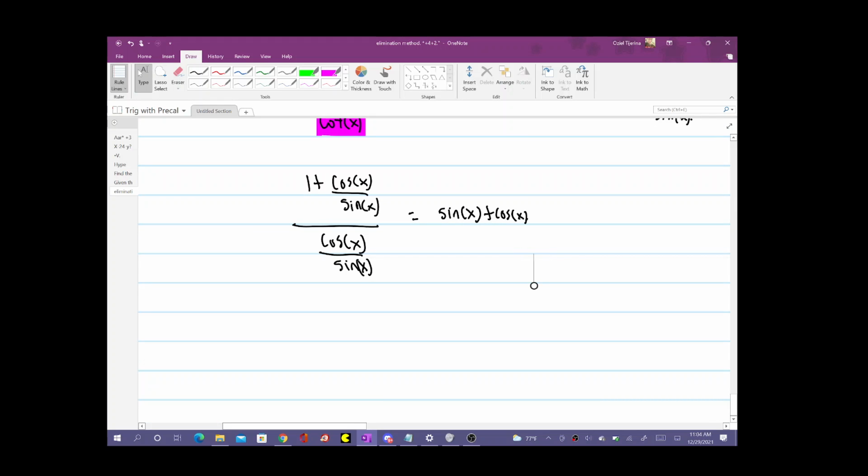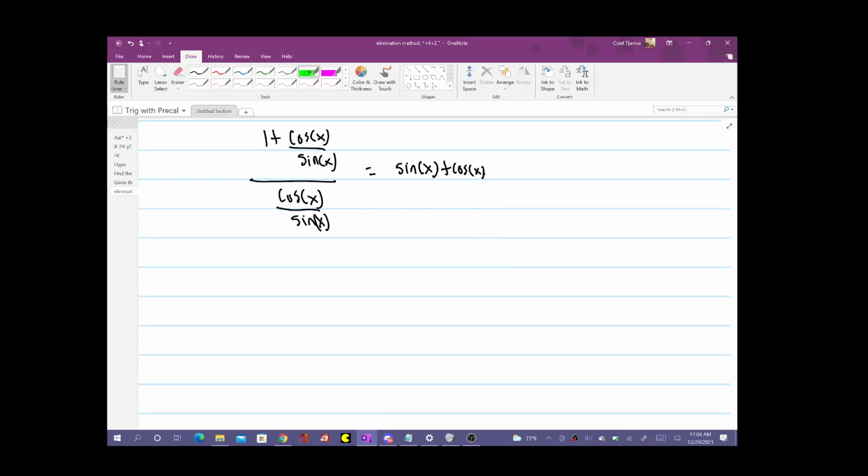So now we want to do it so that it has the same denominator. So this top part here, we're going to say 1 over 1 plus cosine of x over sine of x.